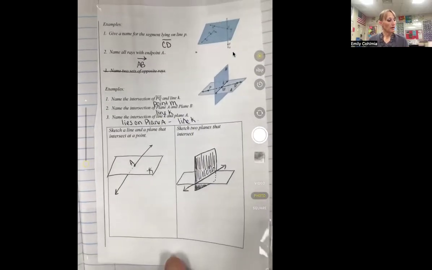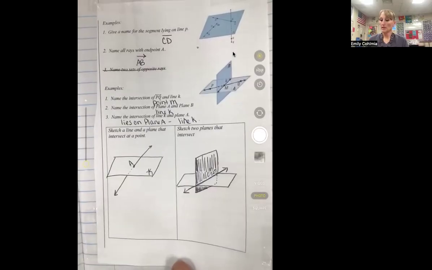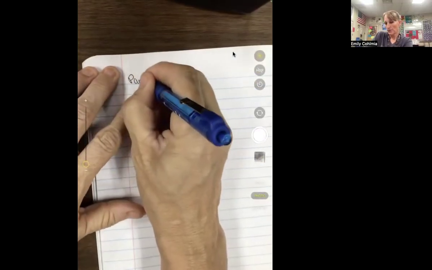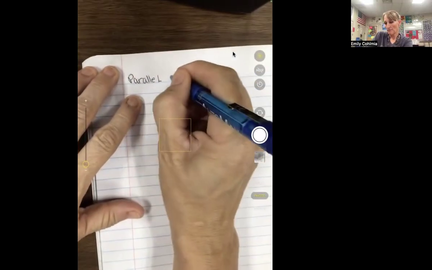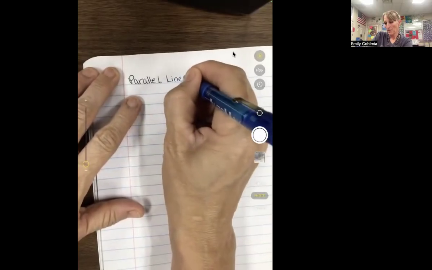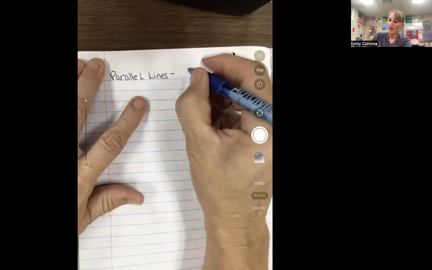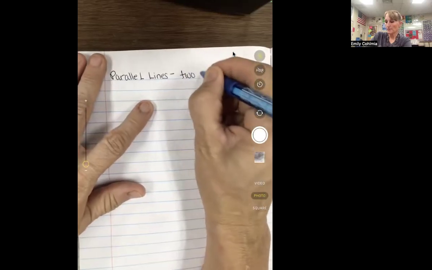All right. The last thing we need to put on here are parallel lines and perpendicular lines, parallel lines and parallel planes. So parallel lines are two lines that will never intersect.